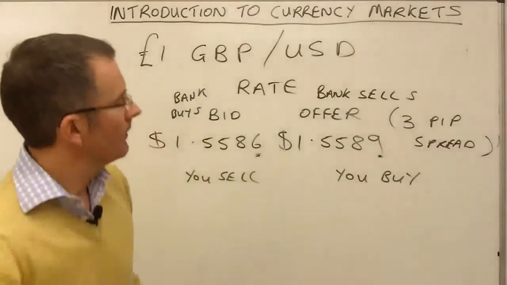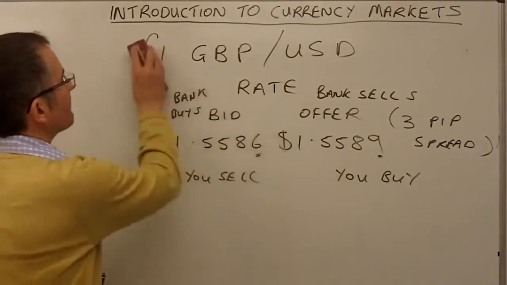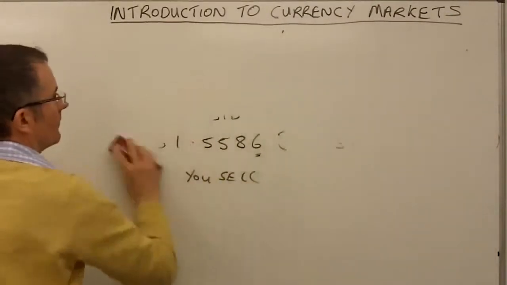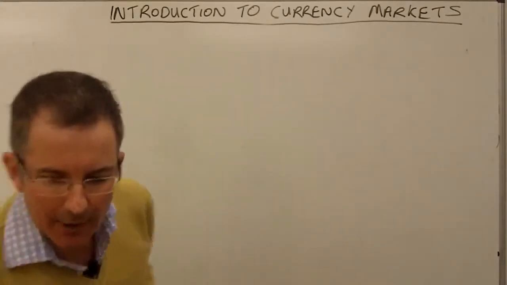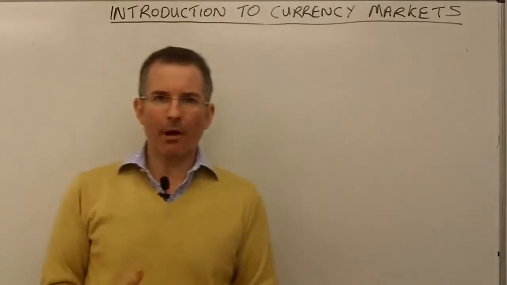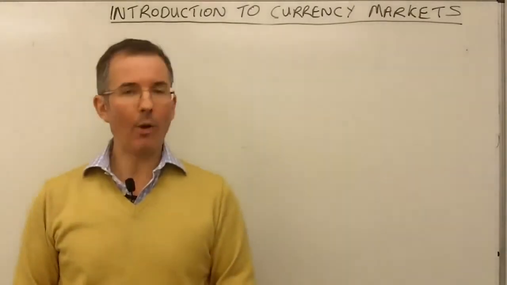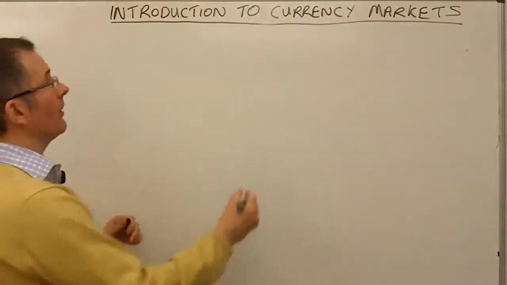Right, what influences that rate? It's all very well saying, well, I now know roughly what it means to buy and sell US dollars using sterling, for example, but why would I? If I was looking to trade, what influences the price of a currency or the exchange rate?